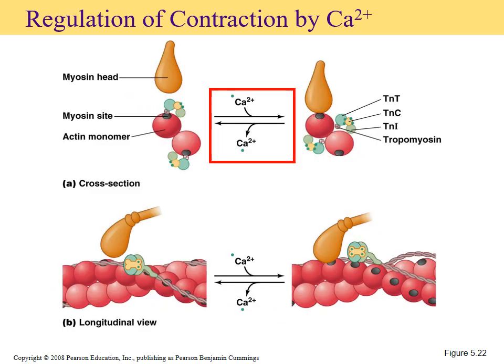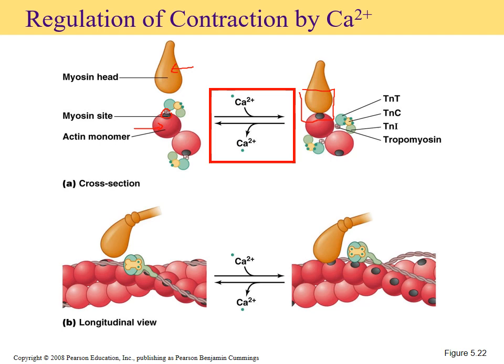We can also take a look at it from this aspect. So over here, we have our myosin head of the thick filament. We have our thin filament right over here with the actin, and we see that what's happening is that the tropomyosin here in purple is covering the binding site. And the only thing that's going to move it out of the way so you can make your cross bridges is going to be the appearance of calcium.